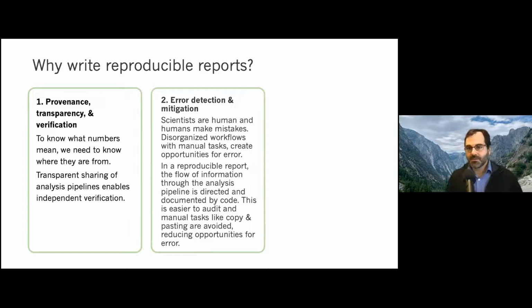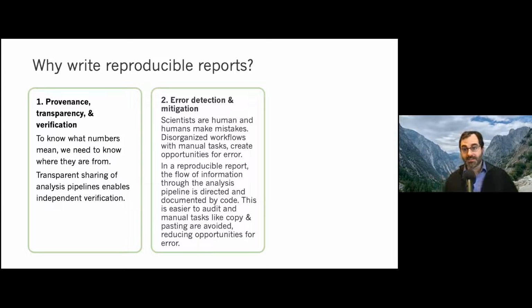The corresponding side to that is that error detection and mitigation becomes possible. As I started with, it was clear that disorganized workflows with many manual tasks create opportunities for error. In a reproducible report, the flow of information is documented by code and directed by code, and it's much easier to audit.